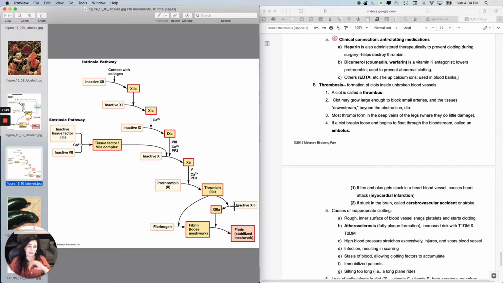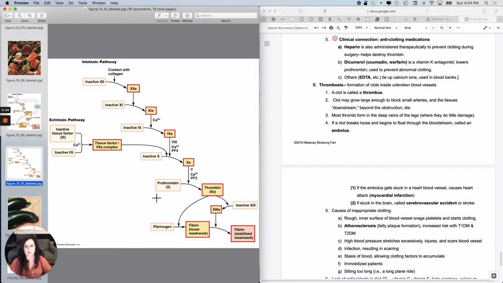So they block the effects of vitamin K, and therefore they lower prothrombin, and they are used to prevent abnormal clotting in someone with hypertension or valve replacement, any predisposition to strokes or heart attacks, but they will also prevent appropriate clotting. So you might bruise like crazy while you're taking those. And because blood tends to clot when it's stable, when it's just sitting around, platelets like to congregate, so you kind of have to keep them moving.